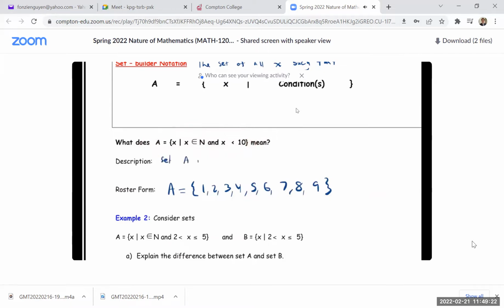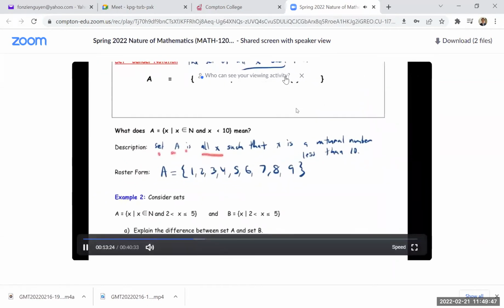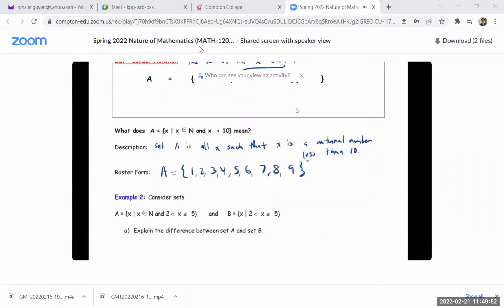So let's just write the description. Set A is all x such that x is a natural number less than 10. So that's a description. If you wanted to write it out in words, set A is all x such that x is a natural number less than 10.